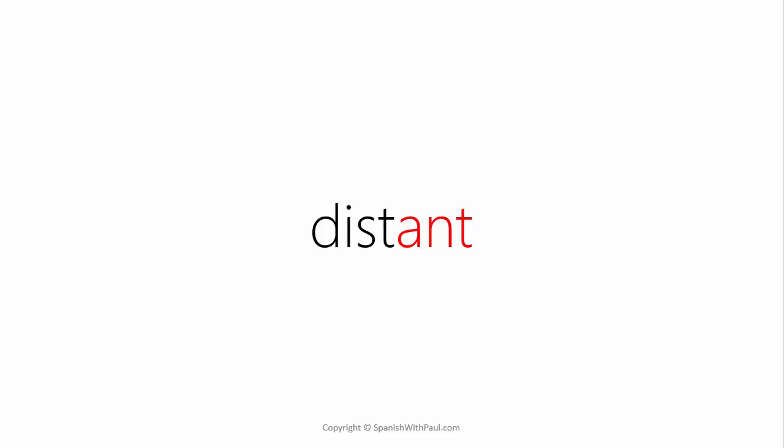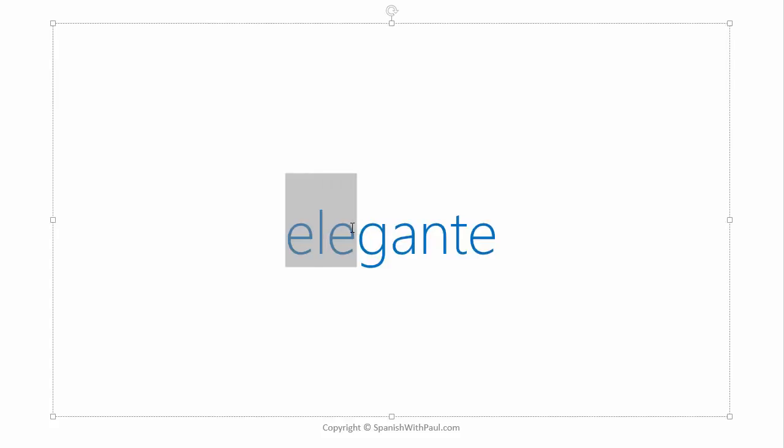Here's another word ending in ANT, distant. So knowing that important goes to importante, how do you think you would say distant in Spanish? Distante. Elegant. Elegante. Let's have a look at this one. So we have le, gante, elegante.